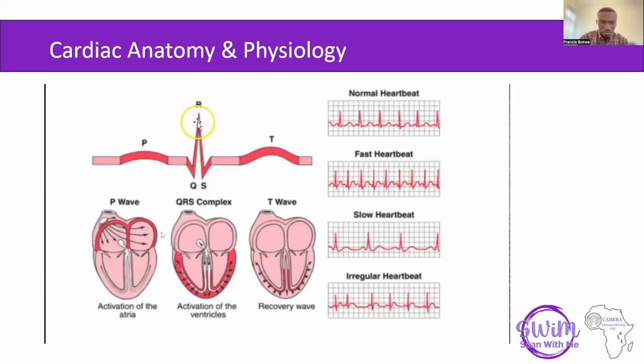Then the QRS complex is our ventricular systole, and the T wave, as we all know, is our ventricular diastole. These waveforms are our ECG. If there's any arrhythmia, you can see some disturbances in the form of the waves. That diagram shows that.